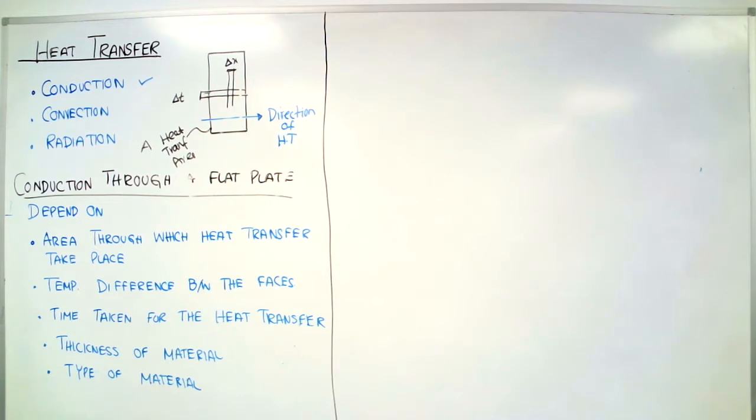If the thickness is more, the heat transfer will be slow. If the thickness is less, the heat transfer will be quicker. It also depends what material you got. Do you have a very good conductor or a very good insulator, with a good U value or bad U value? We'll talk about the U values later.